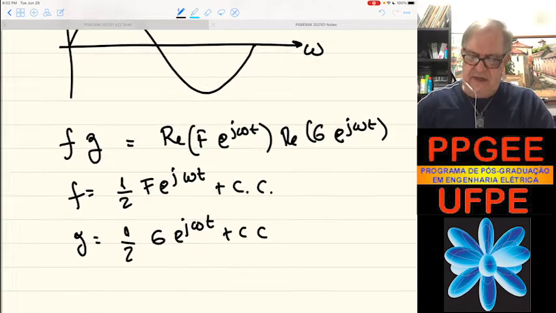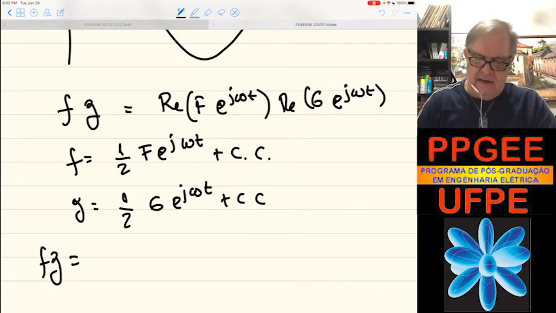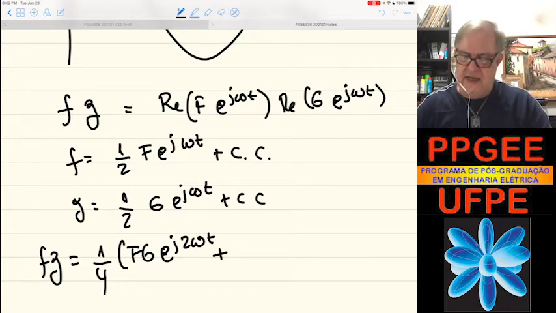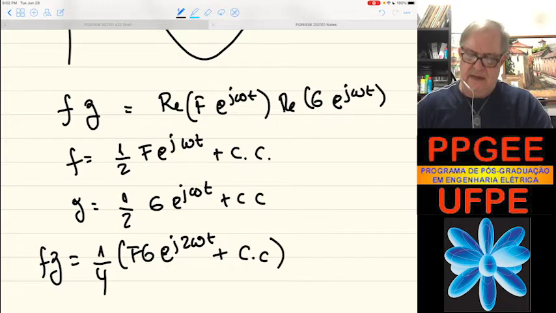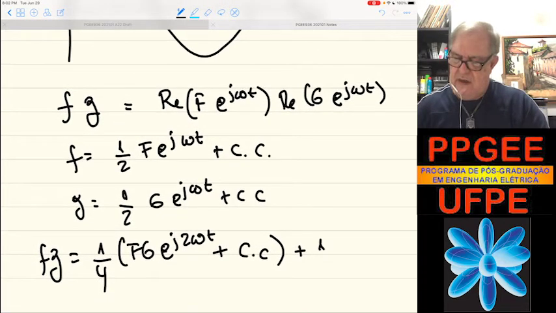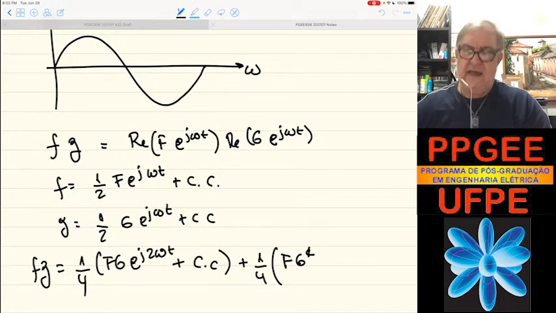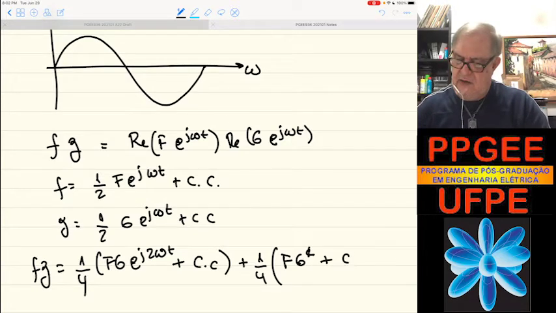Then the product fg is going to be 1/4 of fg exponential of j 2 omega t plus the conjugate. Then you have a cross product here, f and the conjugate of g, but then the conjugate of g exponential is going to be g conjugate times exponential of minus j omega t. So you're going to have also terms like this, 1/4 of f g conjugate, no time dependence, plus the complex conjugate.